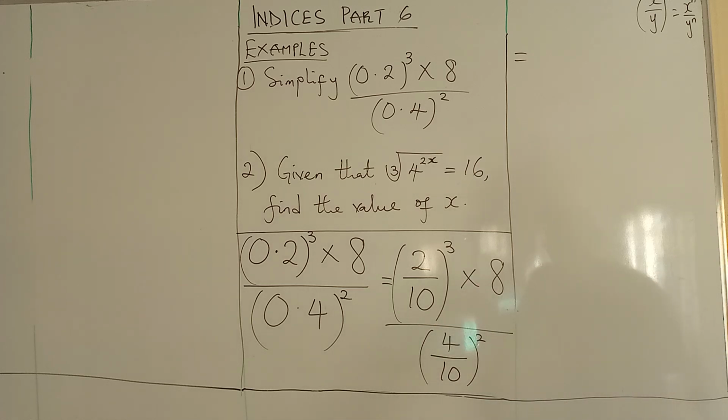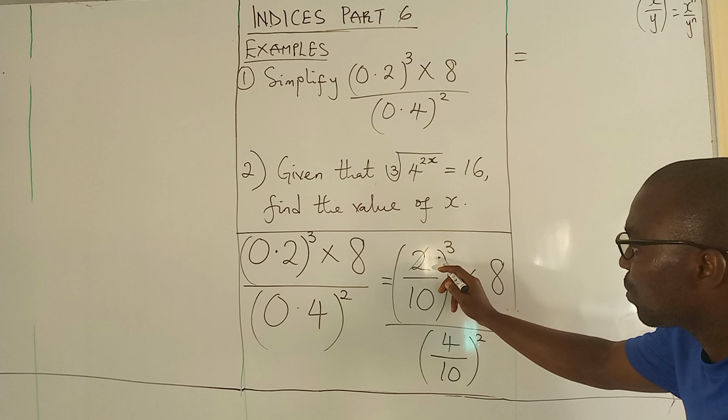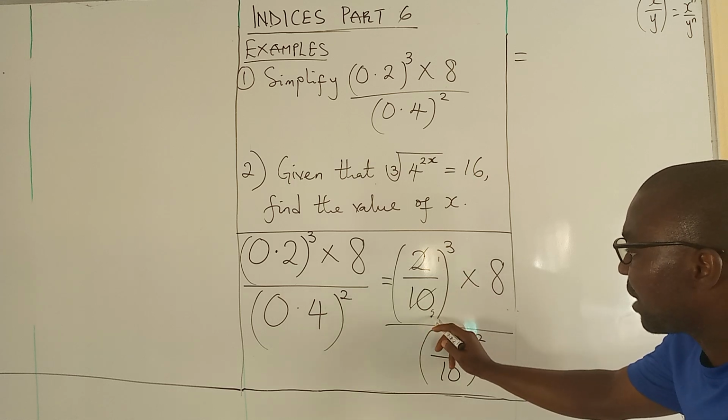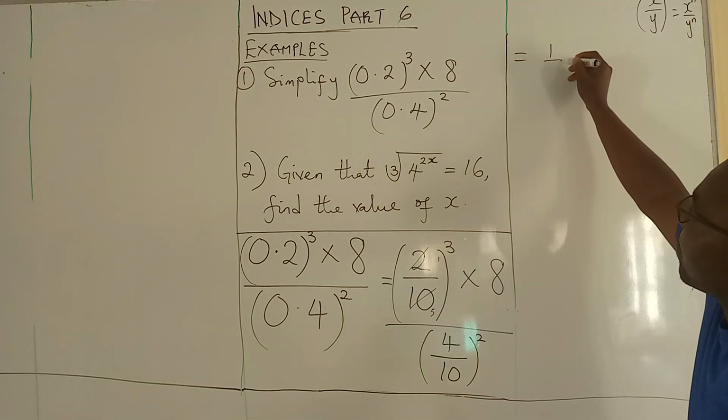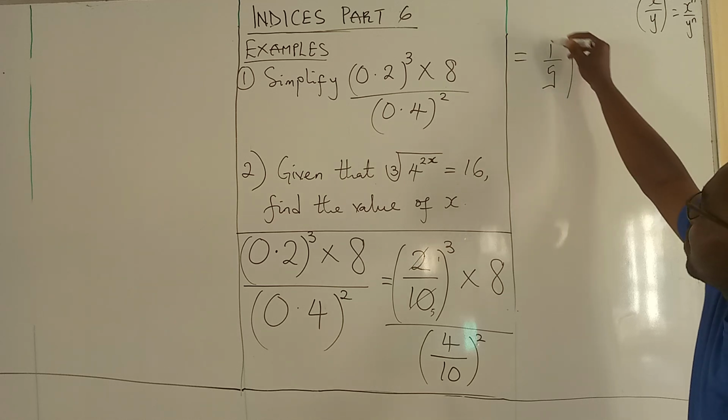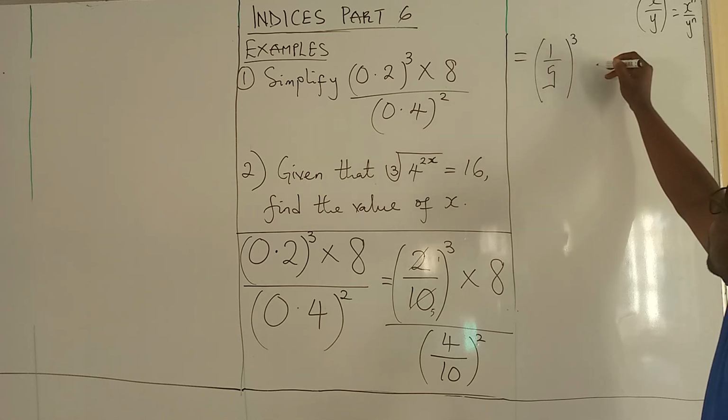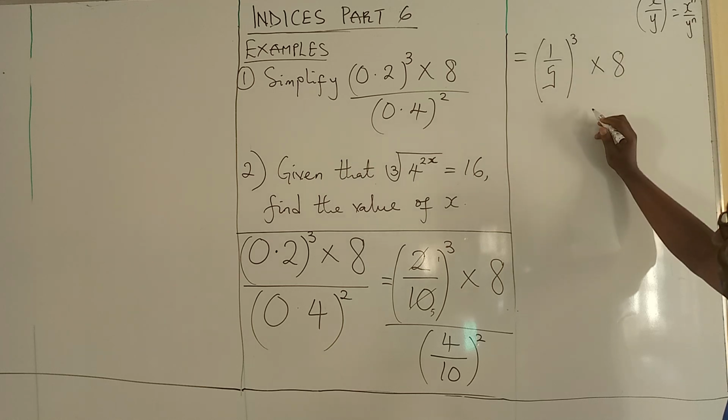You can still express it like that, or you reduce it first. So if I want to reduce it first, this is 1 and this is 5. That will give me 1 over 5 raised to power 3 times 8.